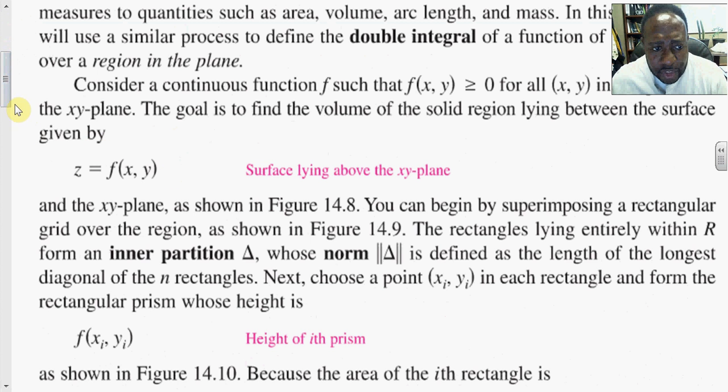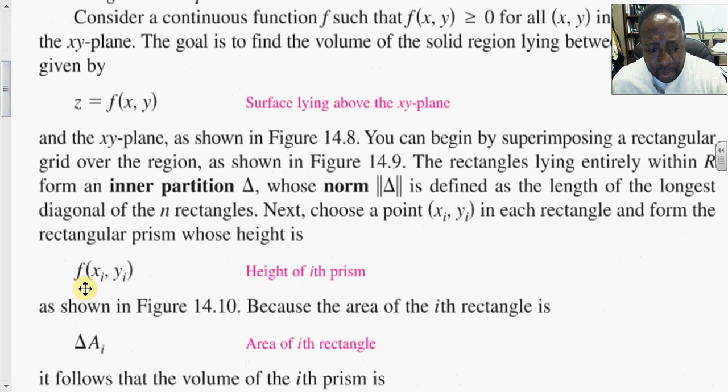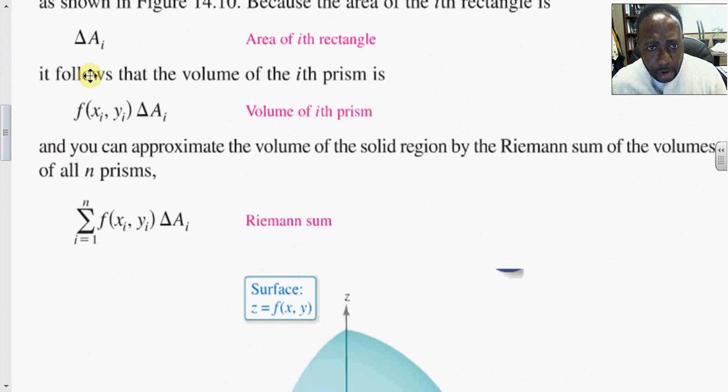So how do we build that? So we have a surface, z equal to f of x y, some graph, some function, where the height is given by the function f evaluated at each x sub i, y sub i. The so-called base area is found by delta A sub i.